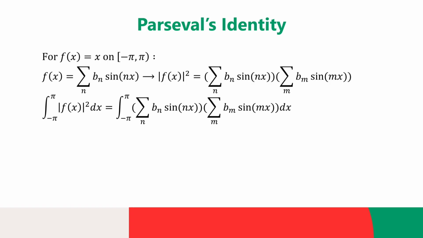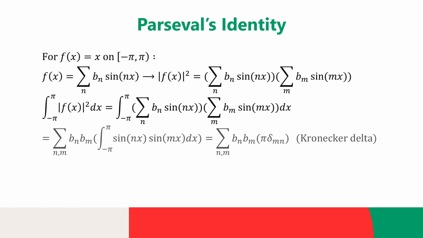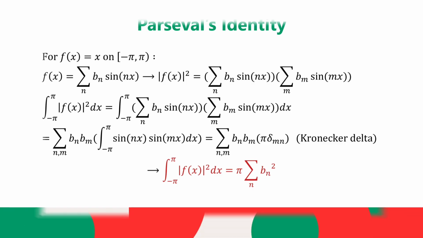But what we can do with properties of summation and integral is integrate inside the summation to get the product of bn and bm times the integral of the product, equaling the sum over n and m of bn times bm times pi times the Kronecker delta. This ultimately goes down to the integral from negative pi to pi of f of x squared dx equal to pi times the sum of bn squared over n.